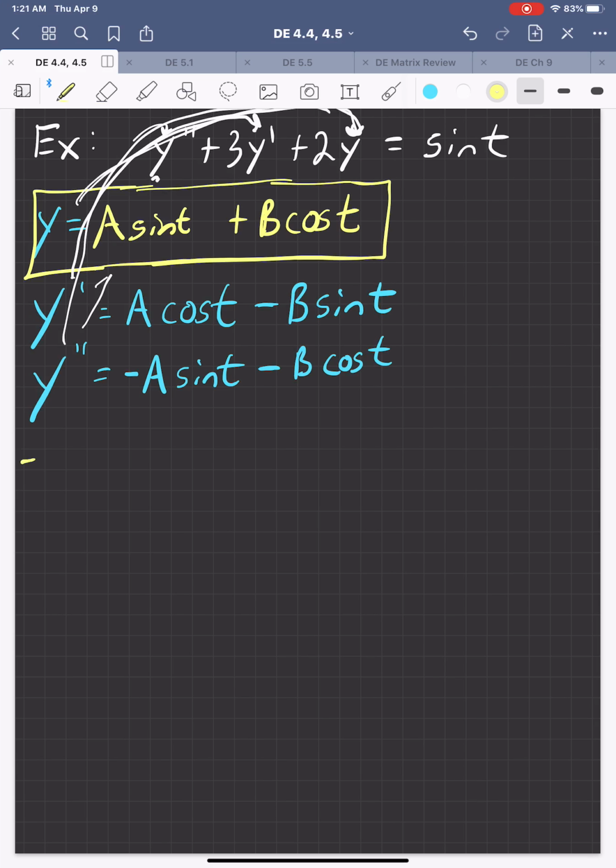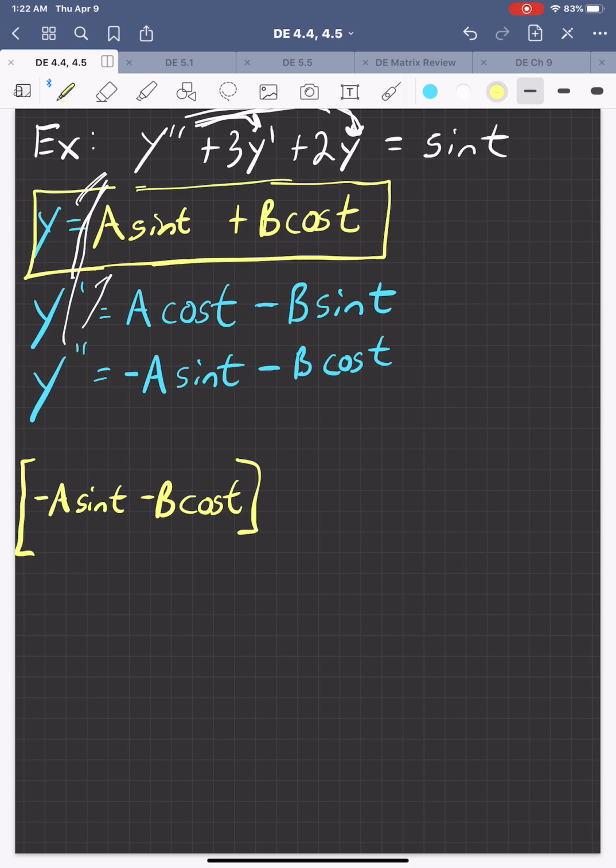Ready? I'm going to open up some brackets. The original problem is y double prime plus 3y prime plus 2y. So let's get to it. Let's start plugging in. So y double prime, in this case, would be negative a sine of t minus b cosine of t.